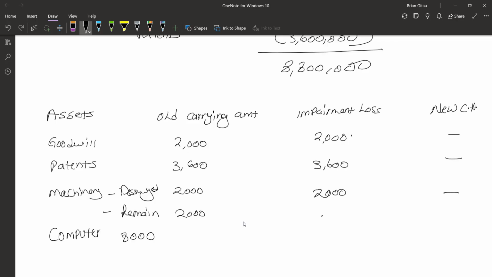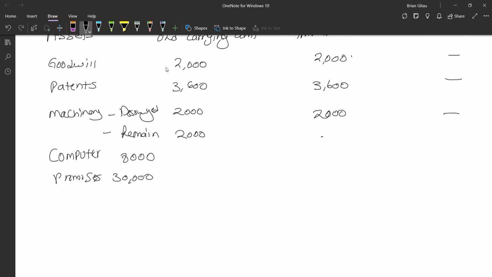We also have premises, 30 million. We'll have to compute. Let me rewrite them. So computer, 8 million, and premises, 30 million.